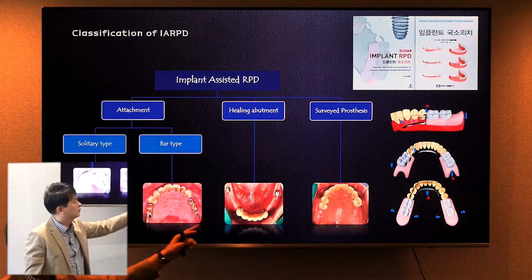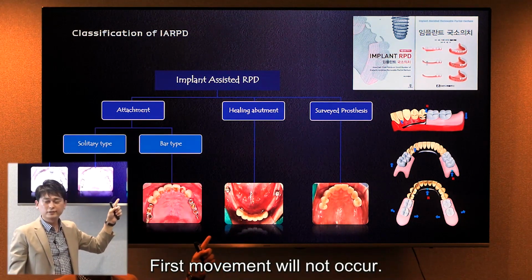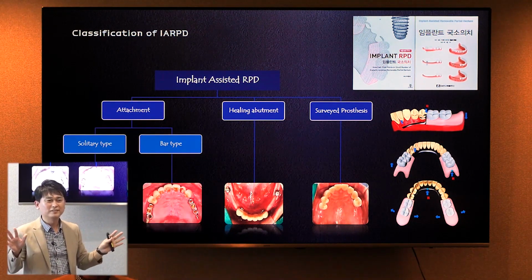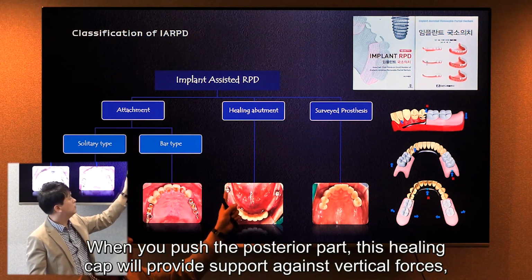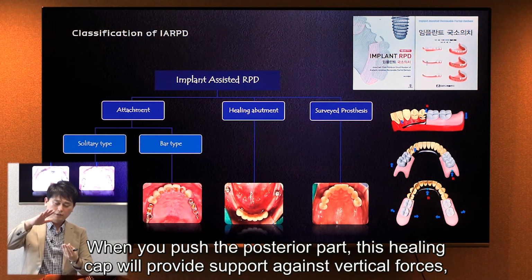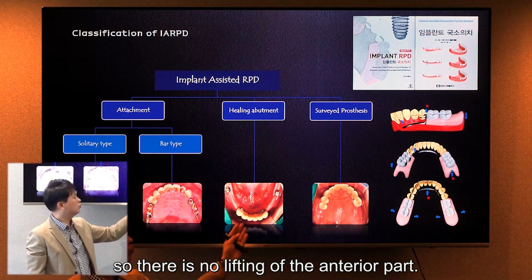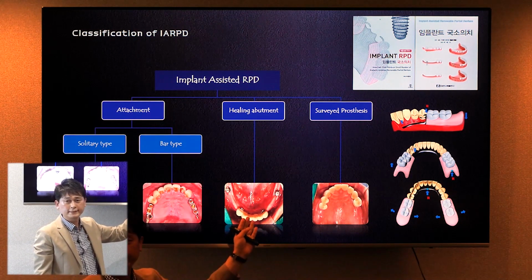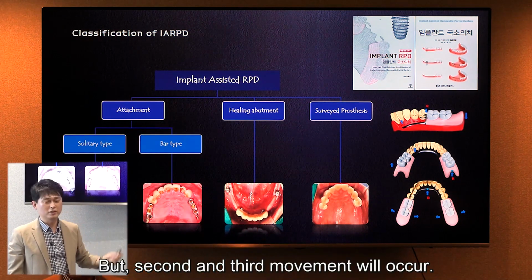Okay? This one. First movement, not occur. When you push the posterior part, these healing caps support the vertical force. So there is no lifting of the anterior part, right? But the second and third movement will occur.